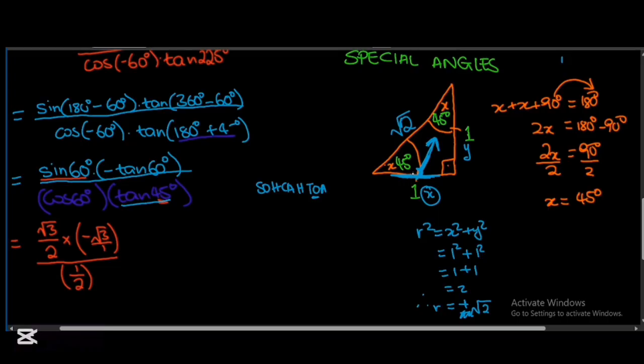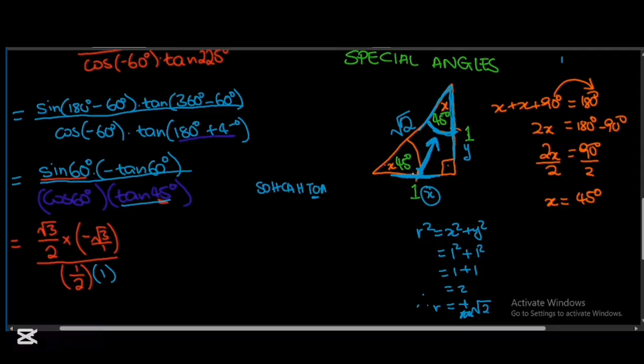This is the opposite side of this angle, which is 1, over the adjacent side. The adjacent side of the same 45 degrees will be this one. Remember, it's adjacent to this angle, so it's 1 over 1, which is equal to 1.